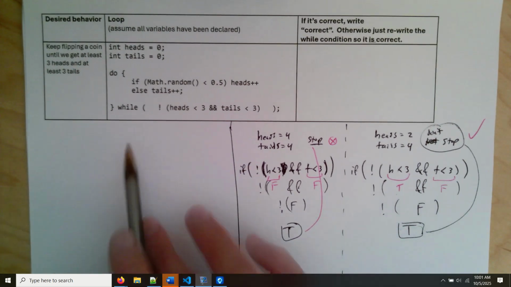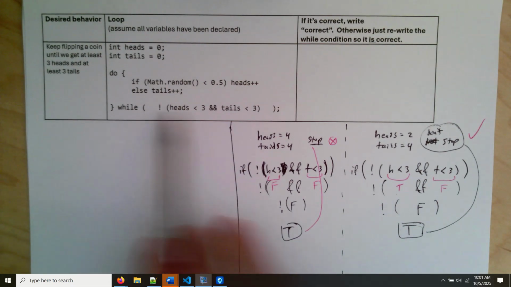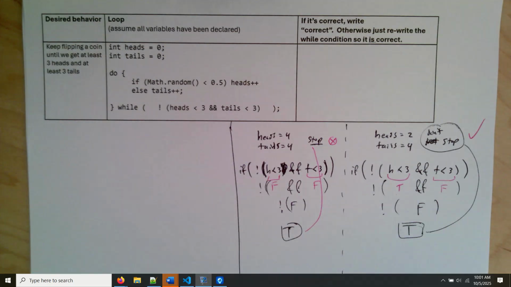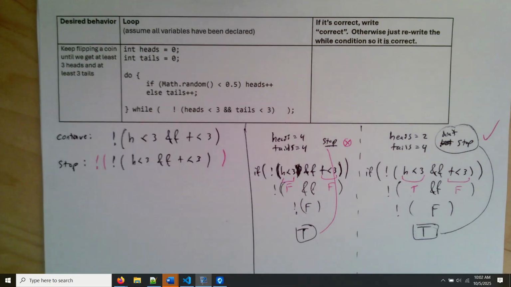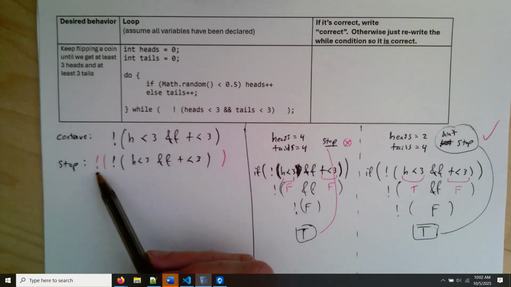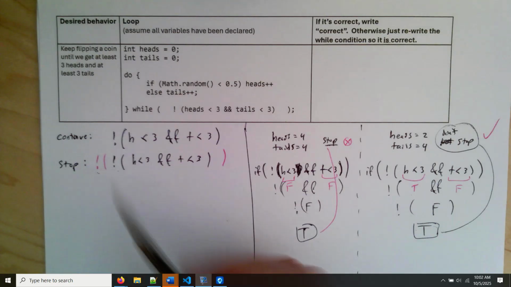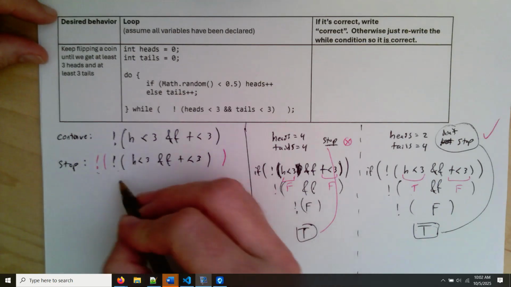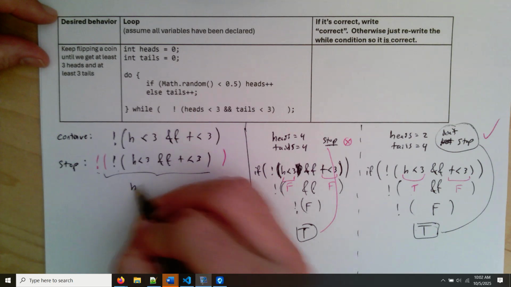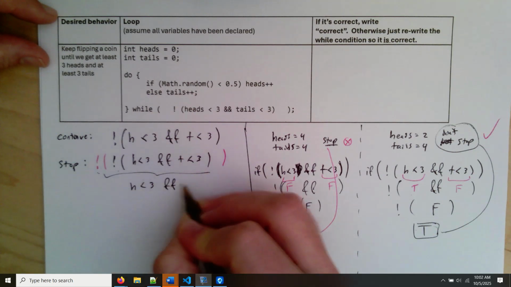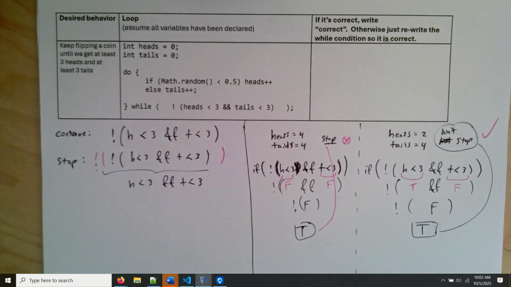Over on this side, let's actually translate this into the stopping condition to see why. I just wrote the continuation condition. If we're not continuing, we're stopping. So my stop condition would be not the continuation condition. If it's not true that something's not true, that means it's true. The nots are going to eliminate each other. So the simplified stopping condition would be heads is less than 3 and tails is less than 3.